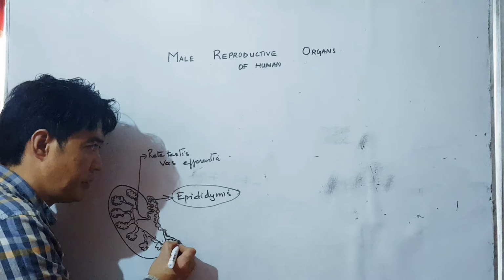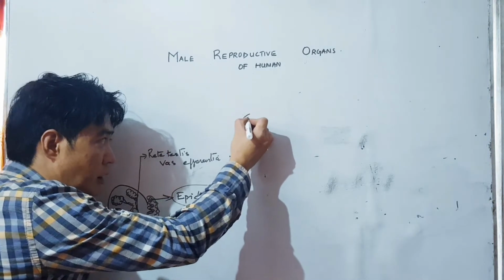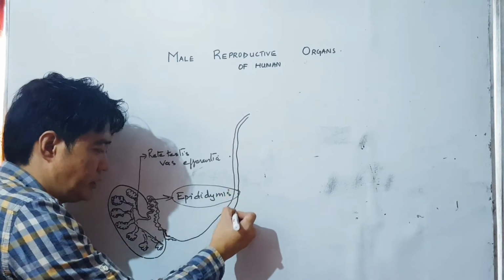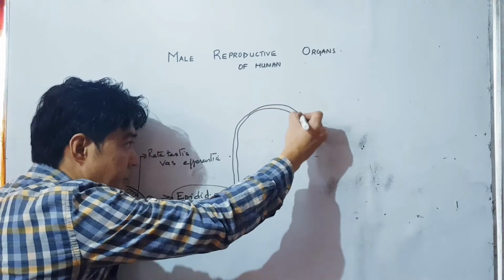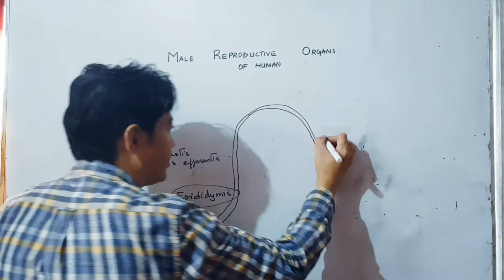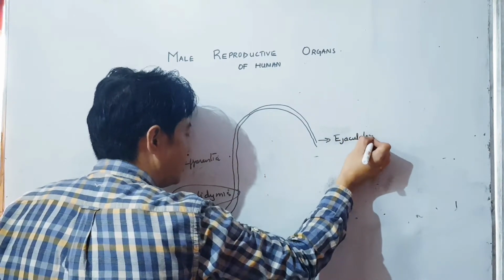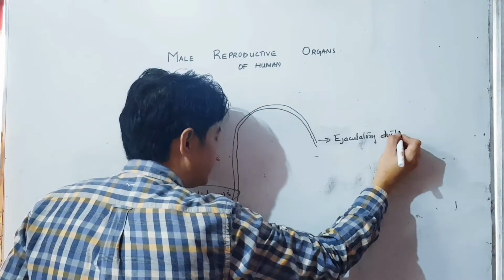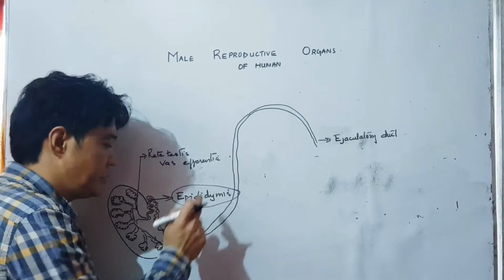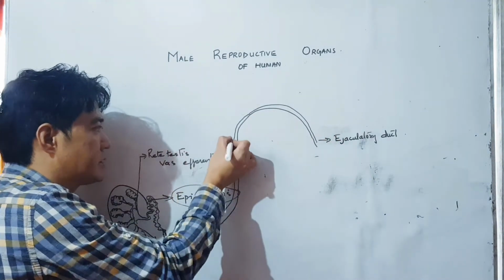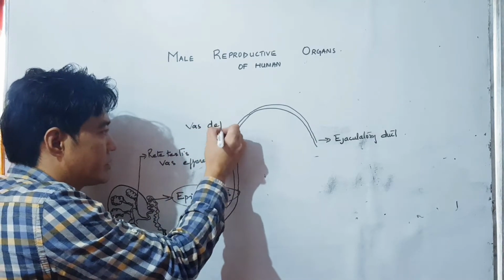After the epididymis, this spermatic cord extends towards the abdominal region through the inguinal canal, and the spermatic cord in between the epididymis and ejaculatory duct is known as vas deferens.